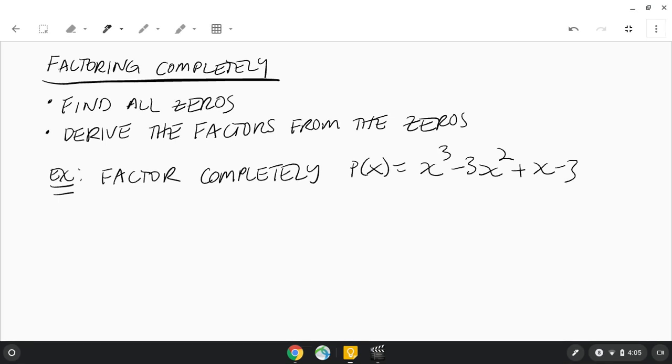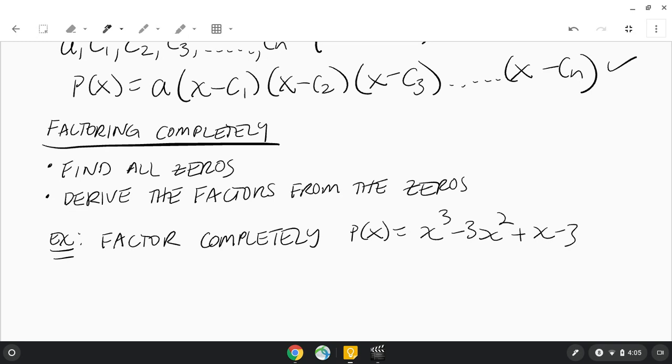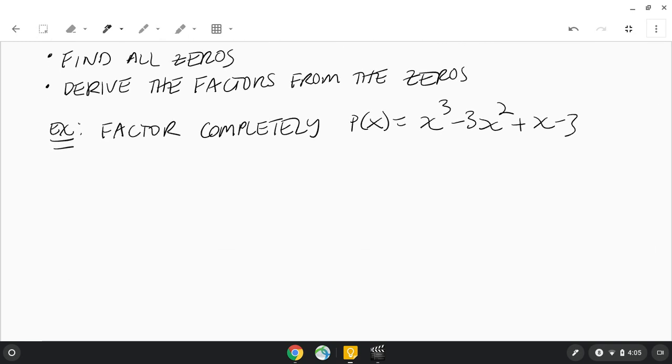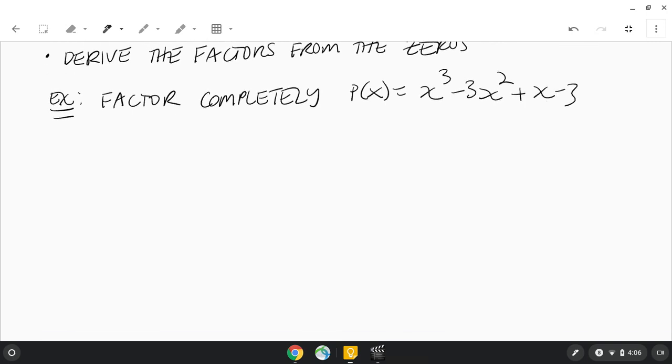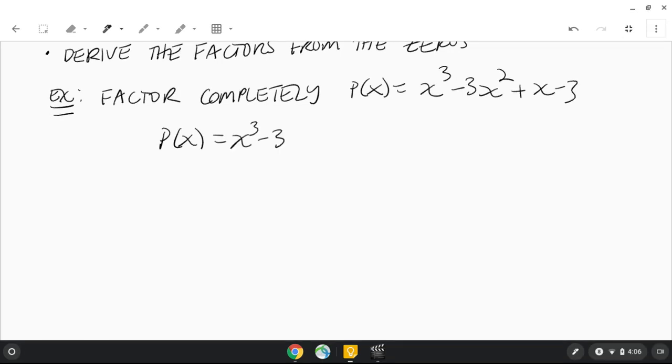If I want to factor this completely, then that means that I have to come up with my linear factors, like this theorem is saying. Okay, so you might be looking at this polynomial and saying, oh, well, it's factorable. I can factor that by grouping, and that is true.